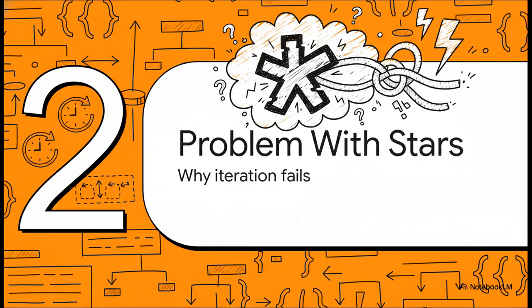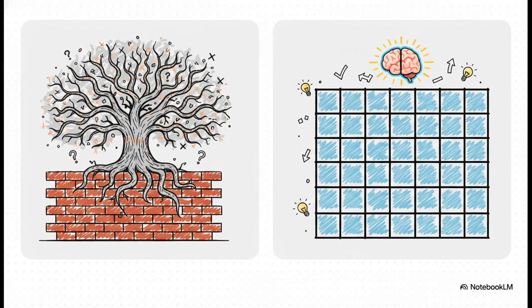Let's look at why that little star character causes us so many headaches when we actually sit down to write the code. Okay, so if you try to brute force this with a naive iterative loop, just checking it character by character, you are going to hit a wall, for sure. Imagine trying to match the string AAB with the pattern C star A star. Your loop sees the A in the string and the C in the pattern and immediately thinks, nope, fail.